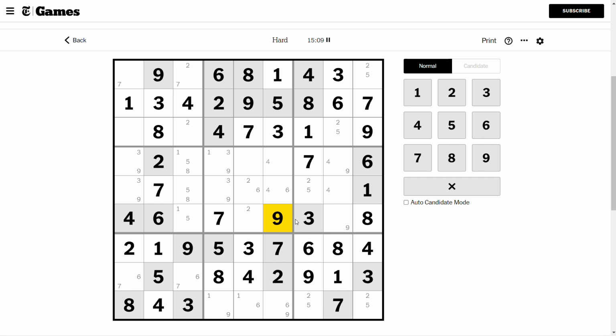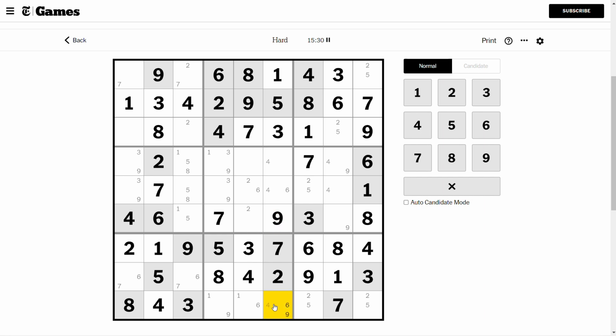Again, because in Sudoku, we cannot have any empty cells. So if no other digit apart from 9 can go into this cell, we must fit a 9, and we don't want an empty cell. So we have to put a 9 into this cell.